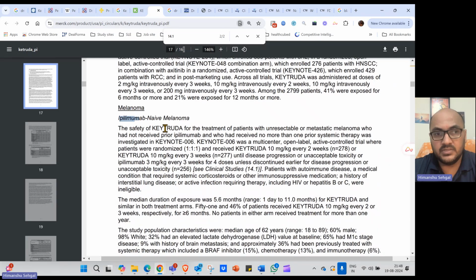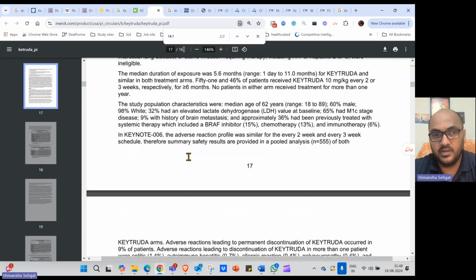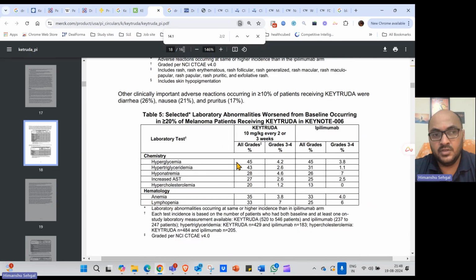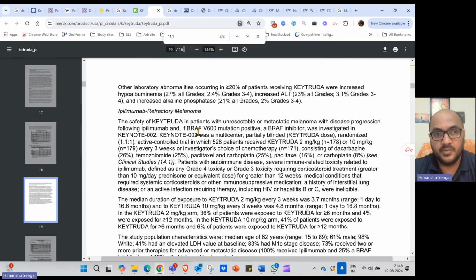Same, you can see KEYNOTE-006, same trial. Then adverse reactions, you can see this 2 weeks and 3 weeks, all great. And then adverse reactions, laboratory test reactions, then ipilimumab-refractory melanoma, same trial 002.